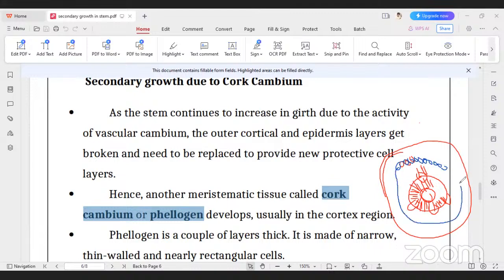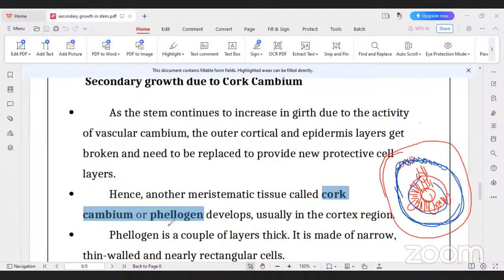This is called cork cambium. Inside the stele is the vascular cambium, and outside the stele is the cork cambium.